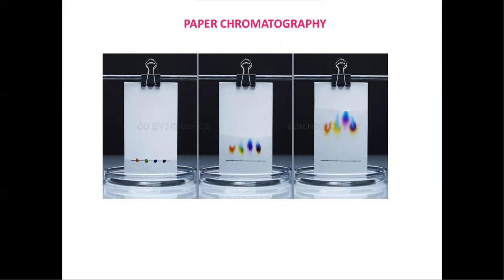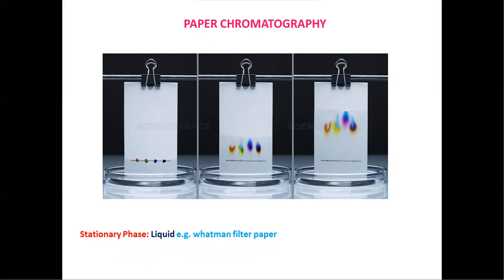We have many grades of Whatman filter paper, like grade 1, 2, 3, 4, 20, 40, 42. These are the different grades of Whatman filter paper that we are using here. This Whatman filter paper is used as a stationary phase, but we are considering the Whatman filter paper as liquid.